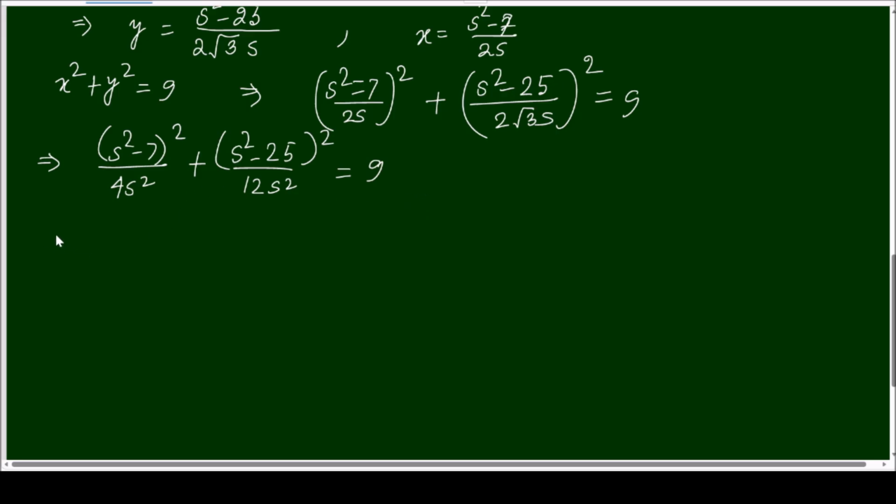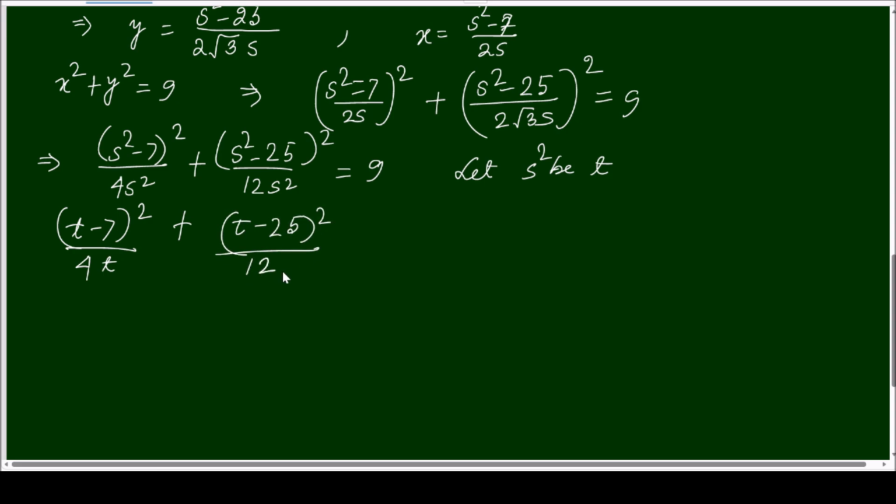Now simplifying again, to make it simple, let s square be t. Then I am getting (t minus 7) whole square by 4t plus (t minus 25) whole square over 12t equals 9.